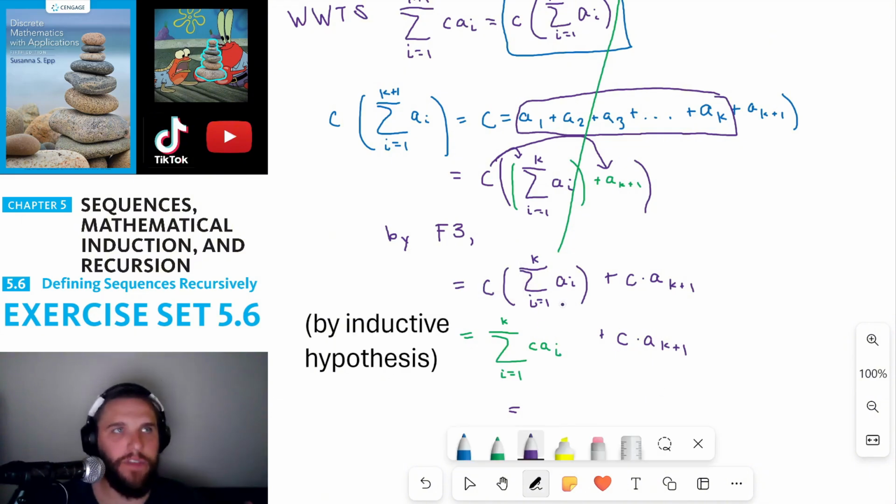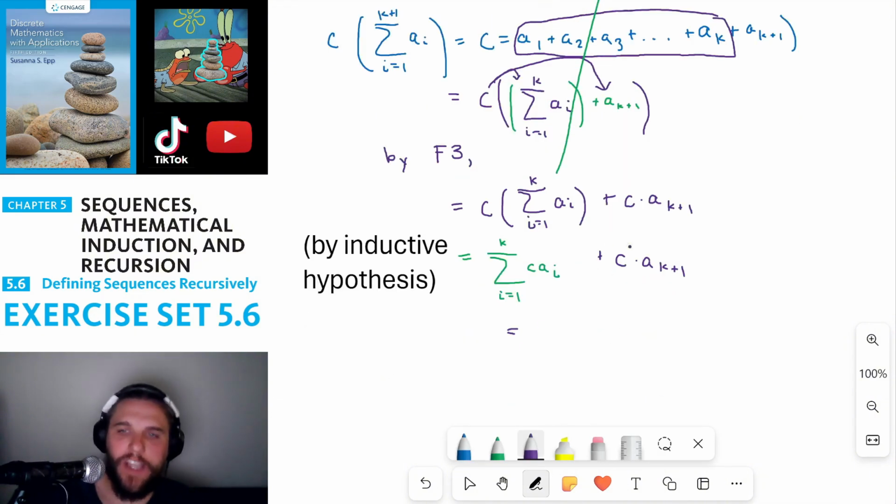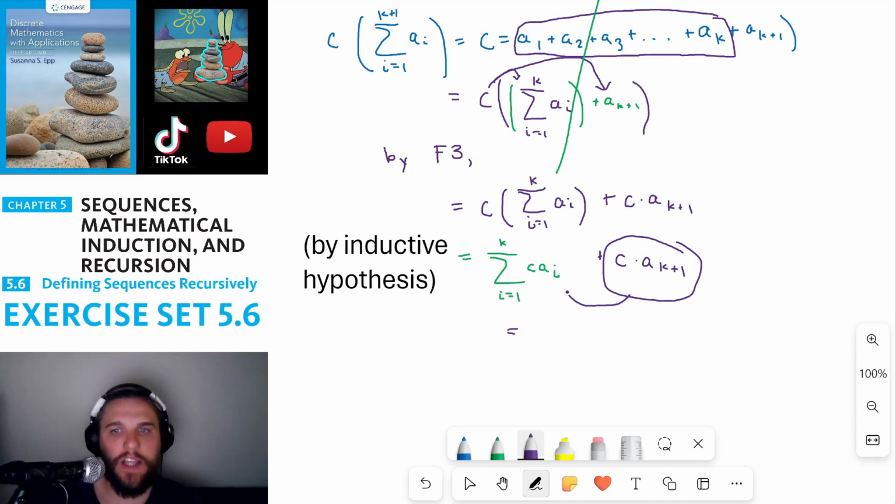And now we have this expression. The next thing we have to do is absorb this k plus 1th term into this series. Essentially, we're doing exactly the opposite of what we did earlier. Earlier, we pulled out the last term. Now we're going to be reabsorbing this last term into this series.